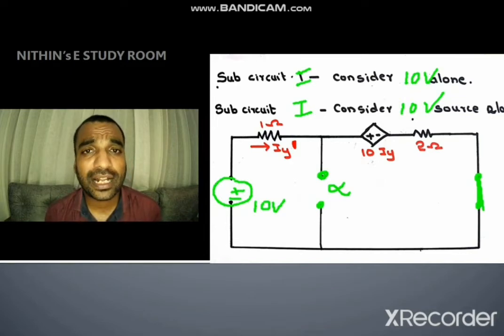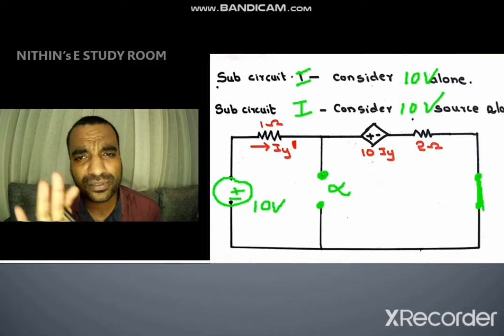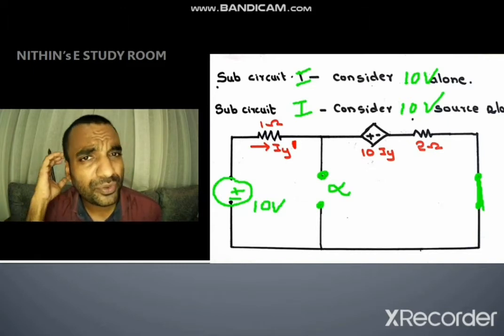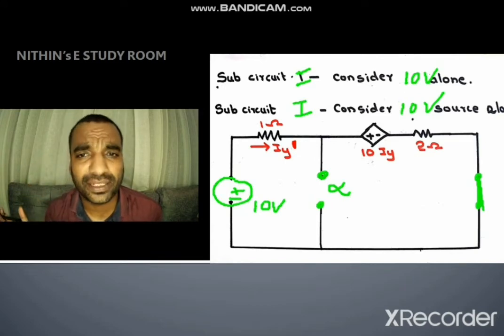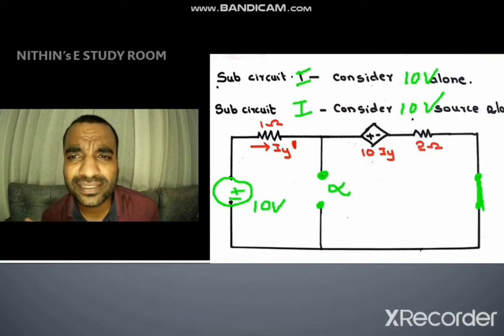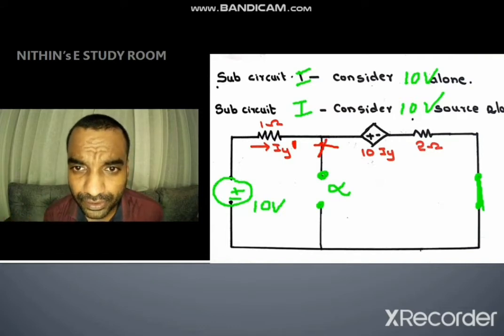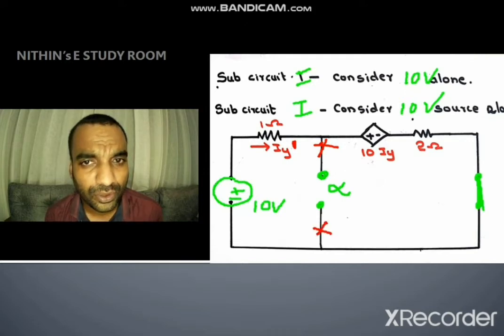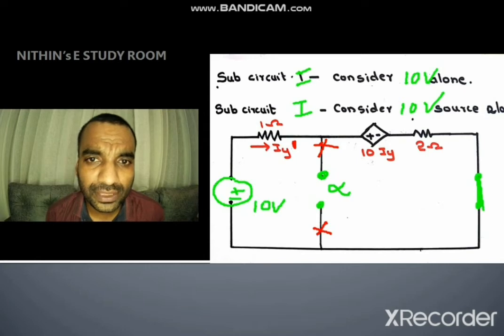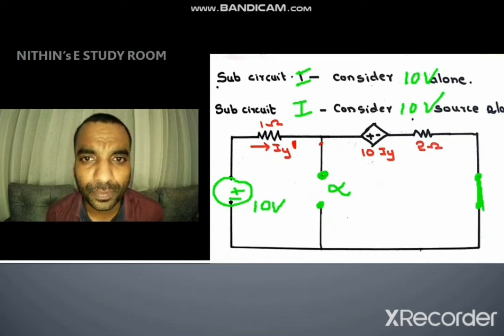Now your target is to find IY dash. From this circuit, you have to use any of the methods: current division, voltage division, Ohm's law, KVL. Simply, as it is a single loop, because this portion does not have any effect, as it is open circuit, you don't need to consider this open circuit path.